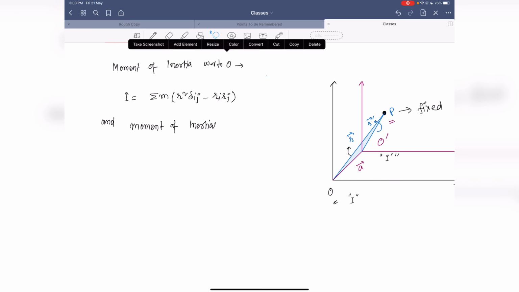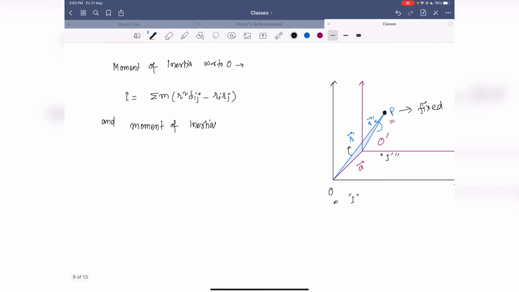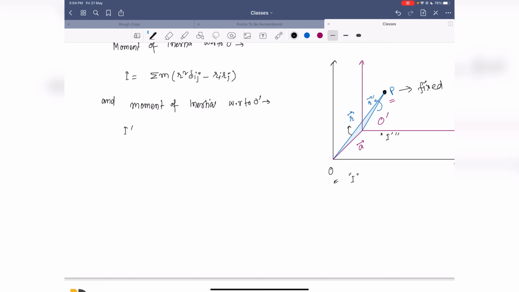Let it be the moment of inertia with respect to O, because I am not writing the whole tensor. Now the moment of inertia with respect to O dash, let it be I dash. I can write it as the summation of m, and now it will be R dash, as the position vector is changed. So I write it as R dash square delta ij minus Ri dash Rj dash.